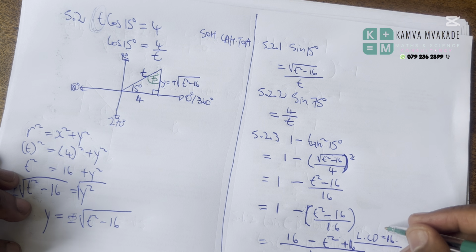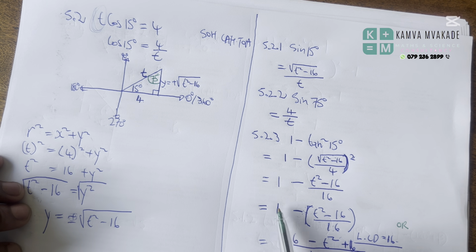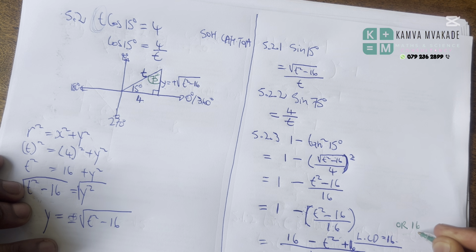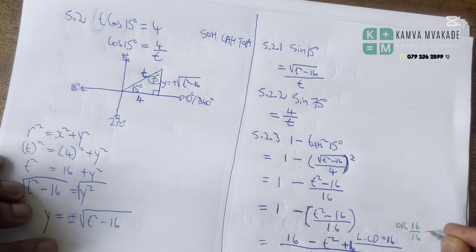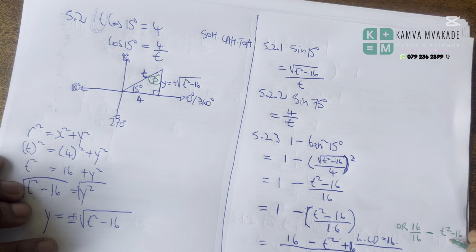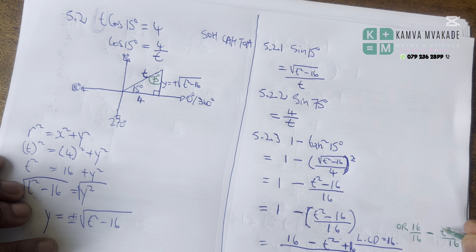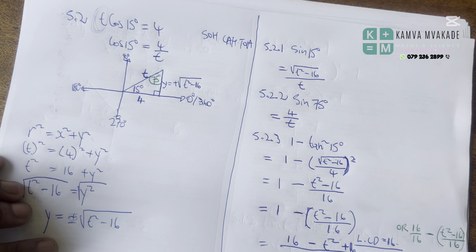Alternatively, from this step over here, we can represent this one as 16 over 16 minus t squared minus 16 over 16. Here the denominators are the same, so they will be 16.